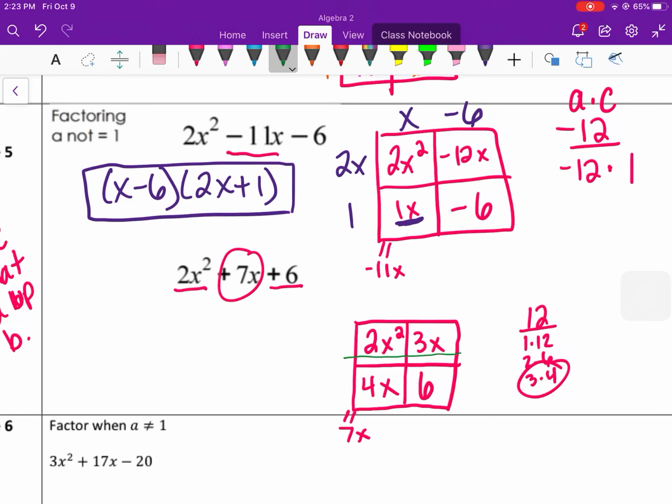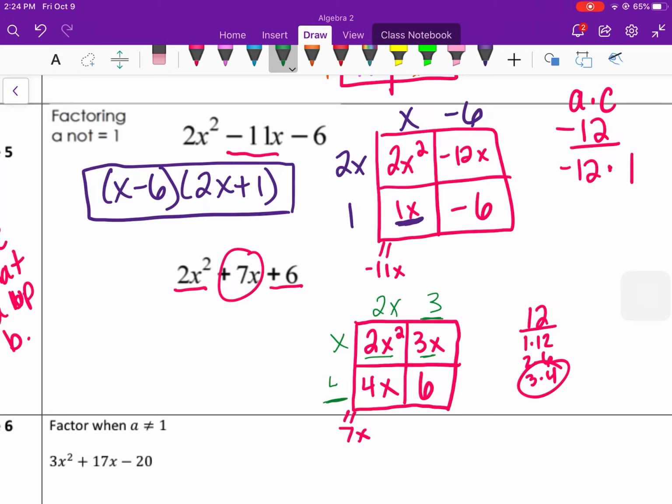If I look at these two, they only have an x in common, so x has to go there. If I look at these two, they have a 2 and an x in common, so the 2x has to go on top. Then 2x times x is 2x squared. Then x times what gives me 3x? x times 3 is 3x.